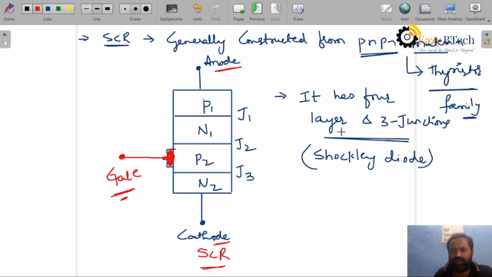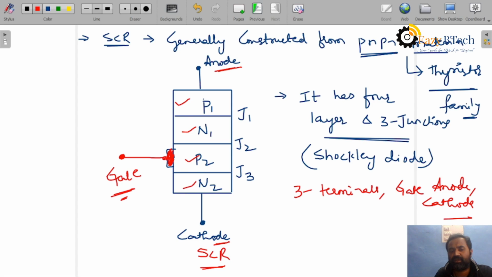It has four layers, three junctions, and three terminals: gate, anode, and cathode. Layers: 4, P1, N1, P2, N2. Junctions: 3, J1, J2, J3. Is it clear? Now you can see clearly from the diagram.